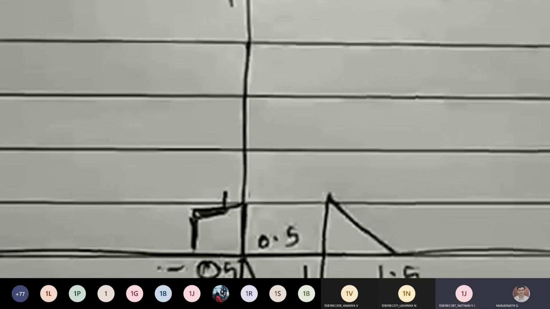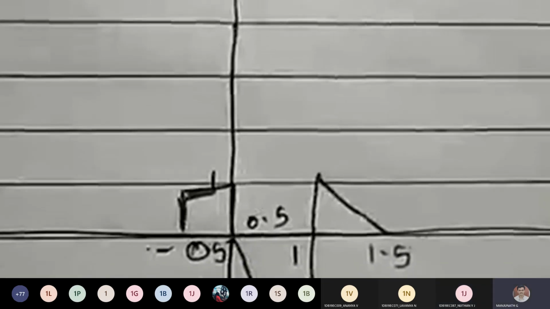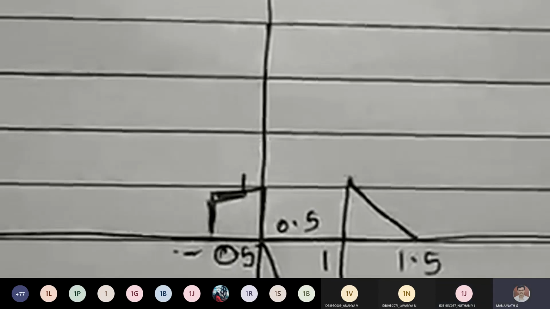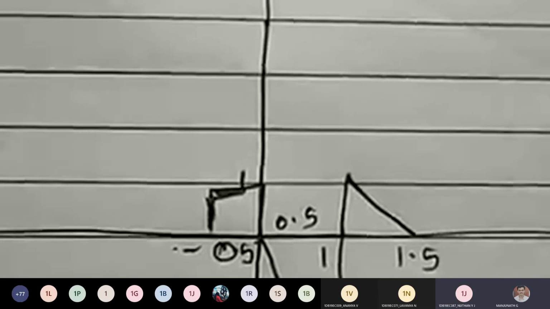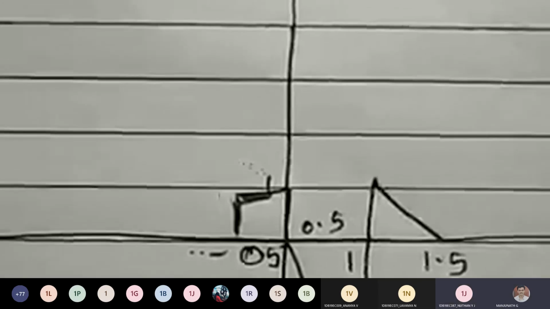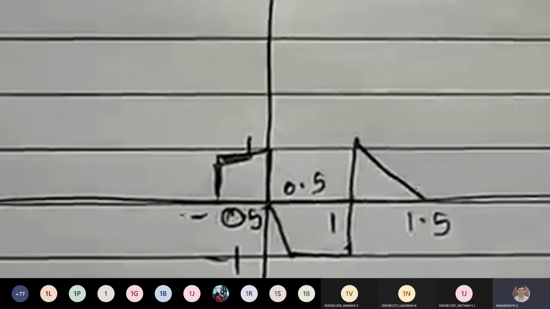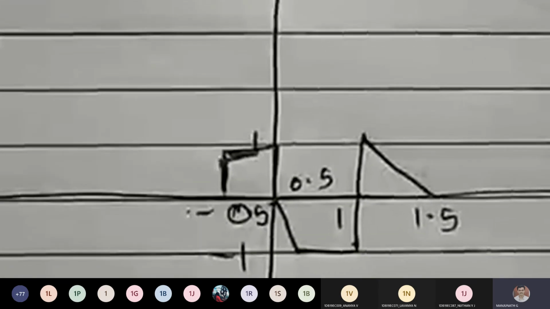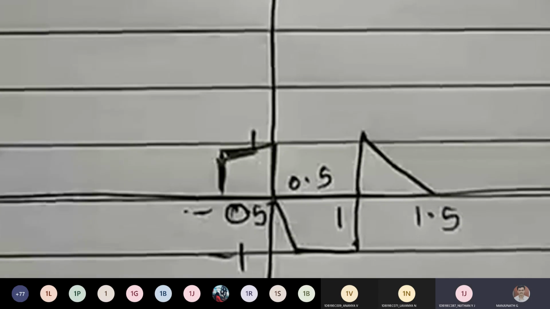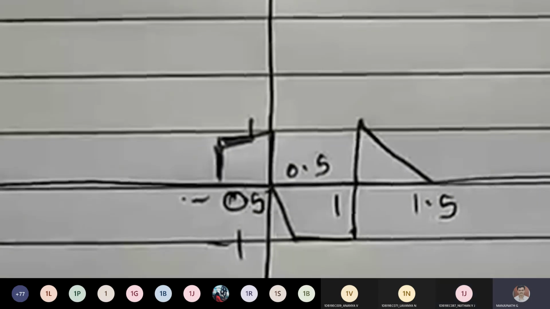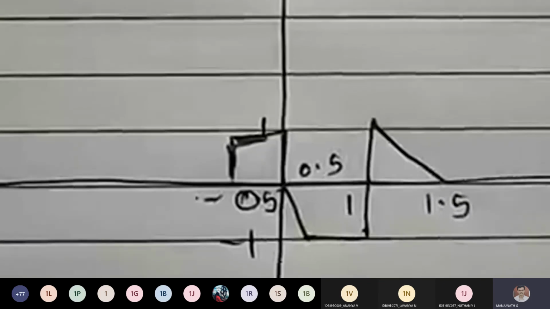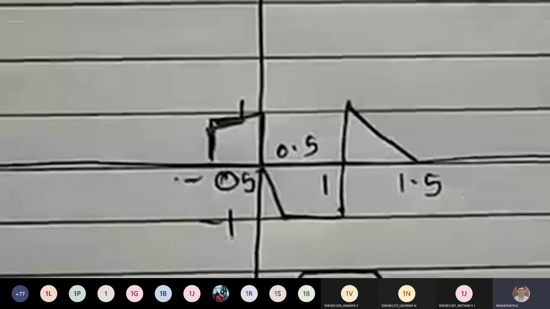Amplitude is 1, so 1 into 0.5 becomes 0.5. Since the ramp is towards the downside, it is going down. So 0 to 0.5, it is a downward ramp.